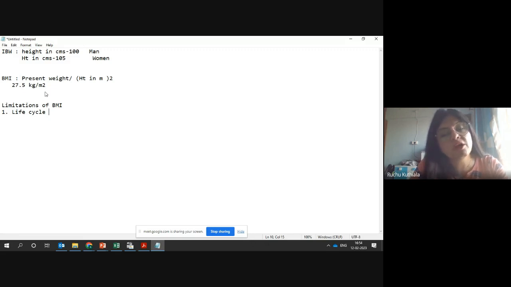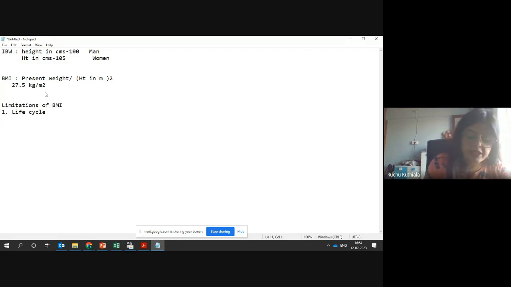It is not different according to different stages of life. Because when we all become old, our body composition would change. And when we are 25, our body composition is different. So the first limitation of BMI is it does not cover the life cycle. It's a mathematical calculation and it is the same for all.